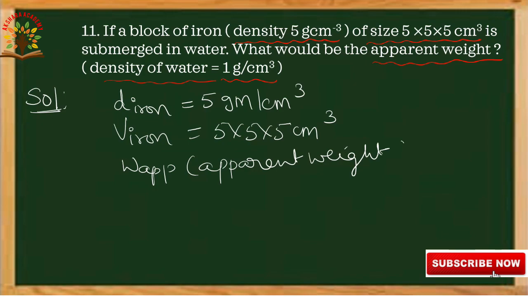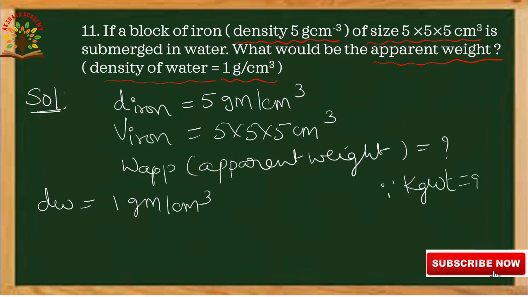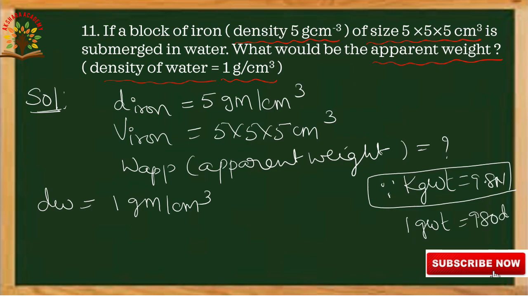Apparent weight is equal to question mark, and they have given the density of water, rho W, as 1 gram per centimeter cube. Here, since 1 kilogram weight is equal to 9.8 newtons, 1 gram weight is equal to 980 dynes.